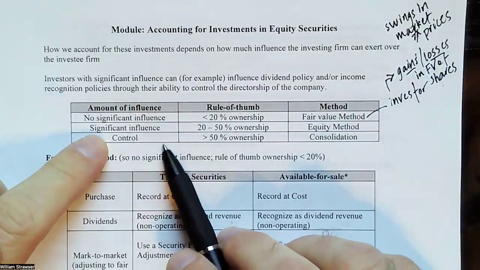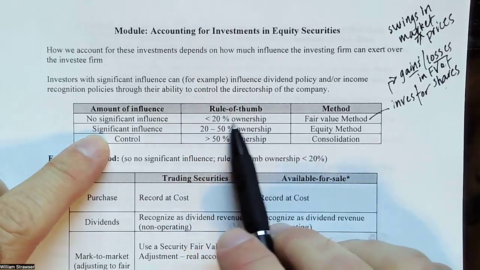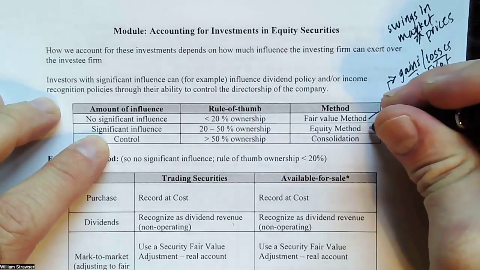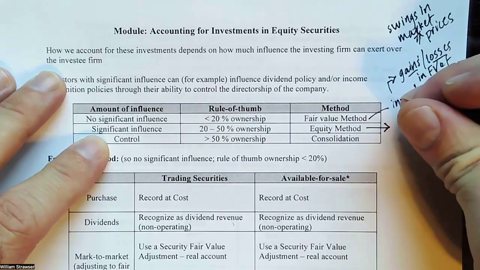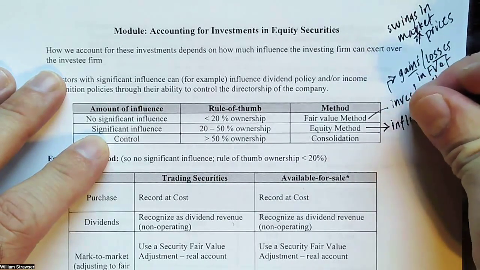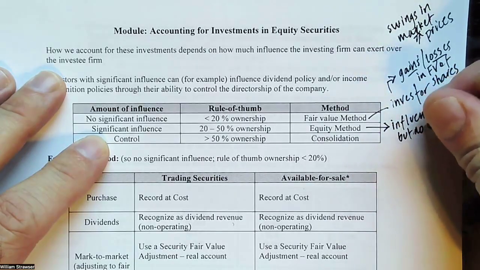In this case, we take a view as accountants that the investor now has significant influence and should use what we call the equity method. In the equity method, there is some control or influence, but not control.